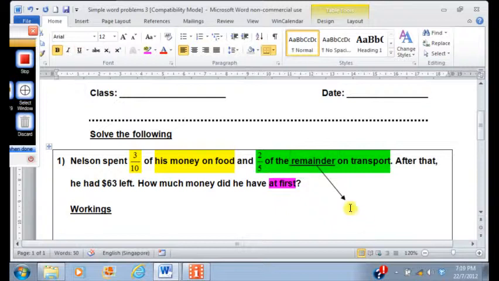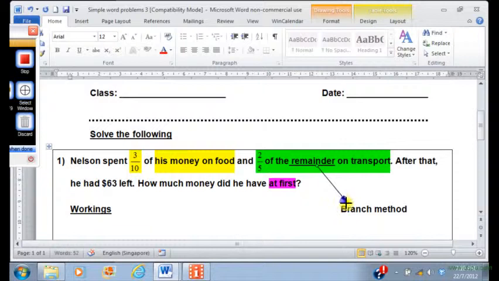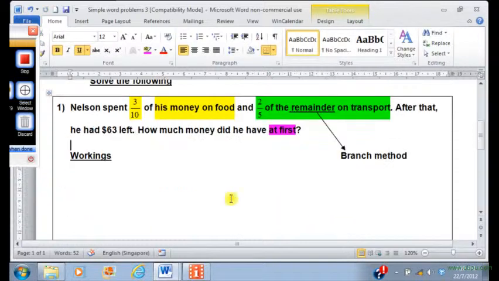When you see this word remainder, we're going to use this special method. I'm going to teach you how to use the branch method.